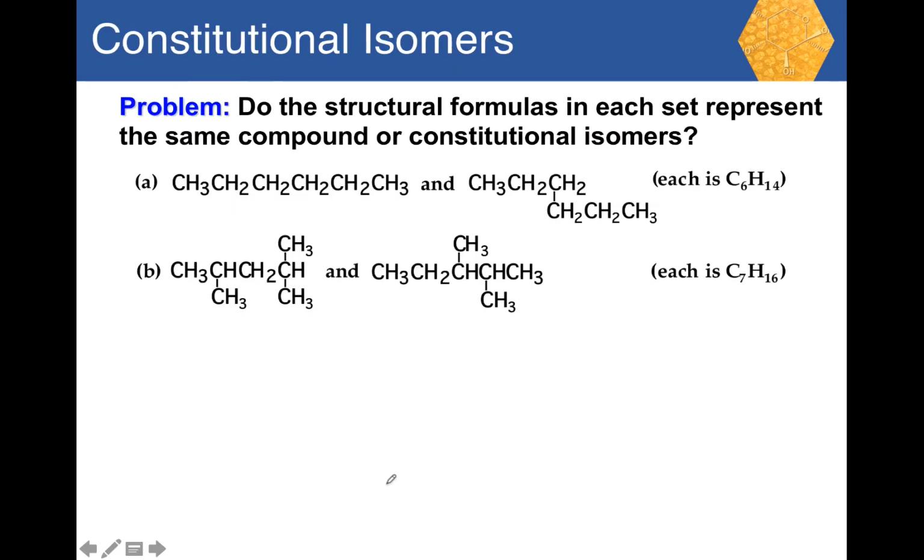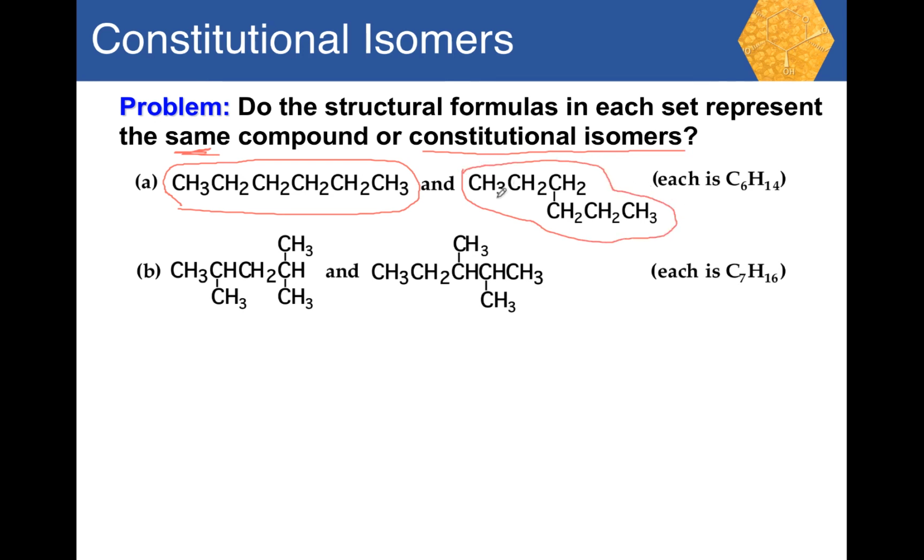So let's see if we can apply what we've just learned. So, for the formulas shown below, are they the same or are they constitutional isomers or structural isomers? So let's look at this. This one, is this the same as this? So as scientists, you'll have to have a systematic method to analyze that.